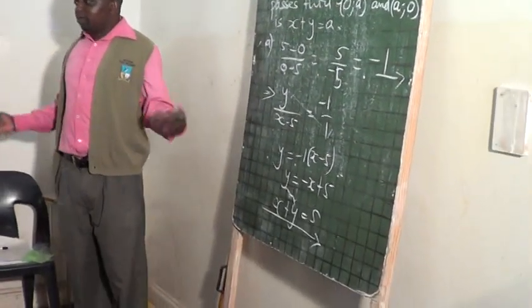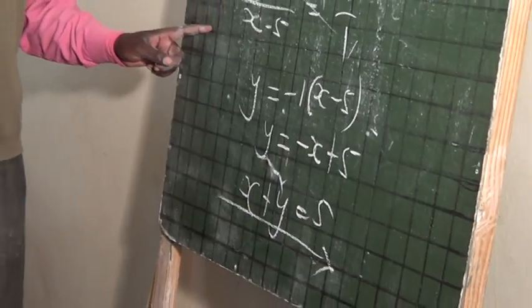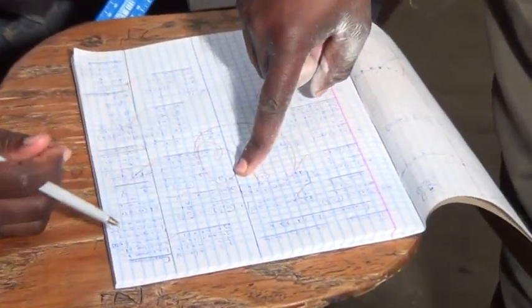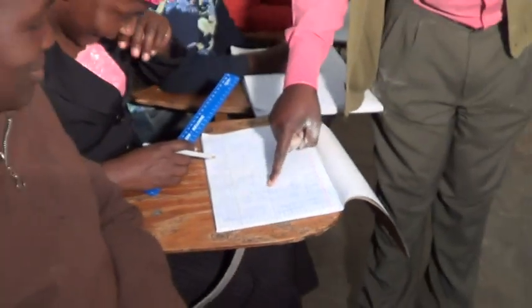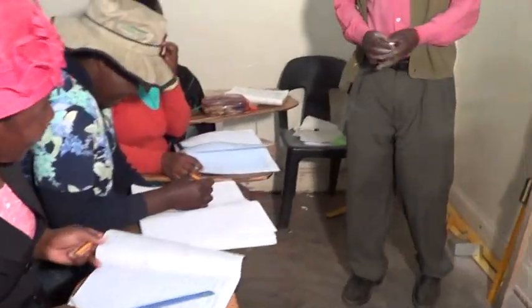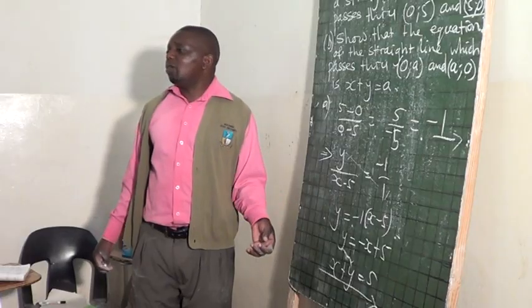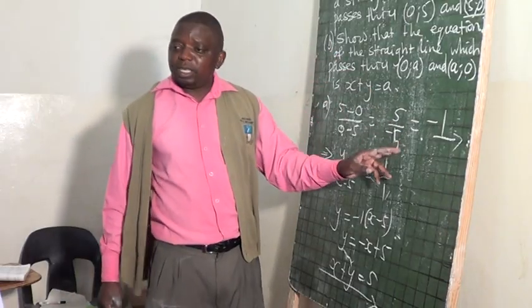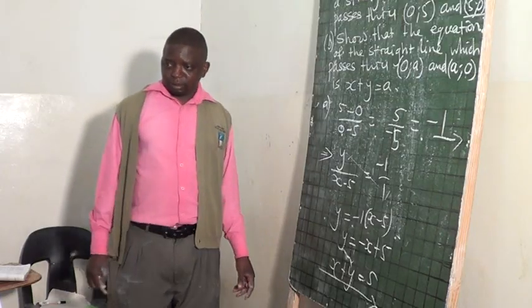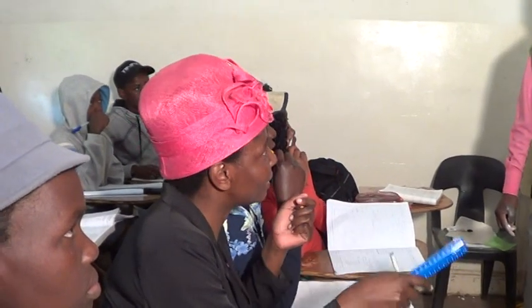Part B is not the same as part A. In part A you find the equation for the line through 0, 5 and 5, 0. The answer for part B should be similar to part A. Part B says show that the equation of the straight line passes through these points, meaning the equation.